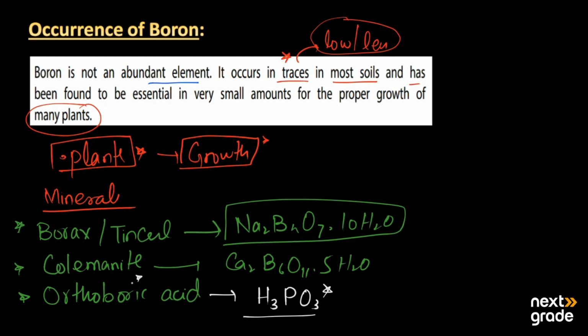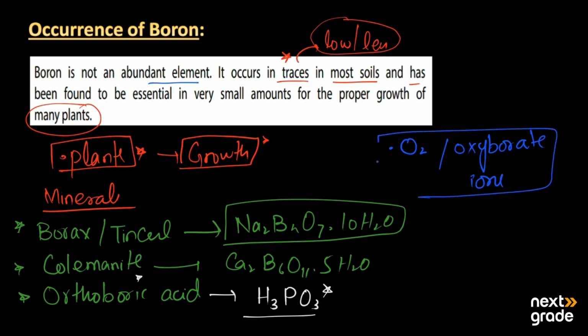On the other hand, boron is always found in nature combined with oxygen, as it usually forms oxyborate ions. So this is the nature of boron: it is always found combined with oxygen and it mainly occurs as the salts of various polyboric acids.